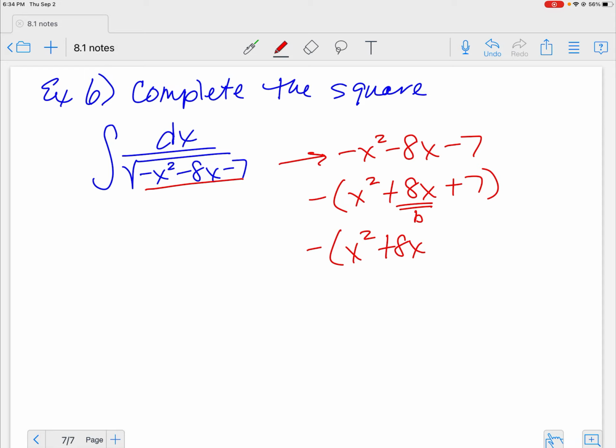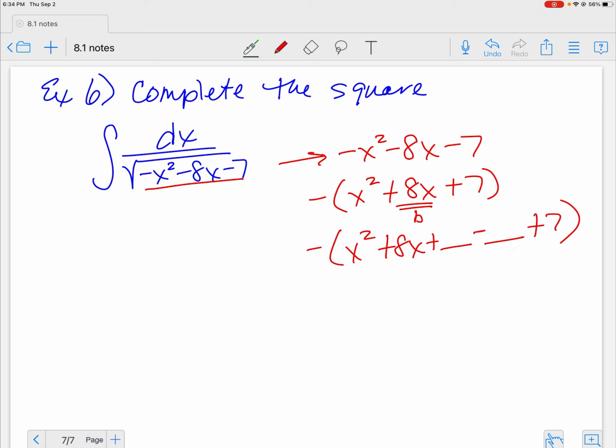But what I'm really doing is I'm going to add blank to this, and if I add a number to it, I'm going to have to subtract that same number. The reason why is because if I add and subtract the exact same number, then I keep it equal. Plus or minus the same thing is still a 0.